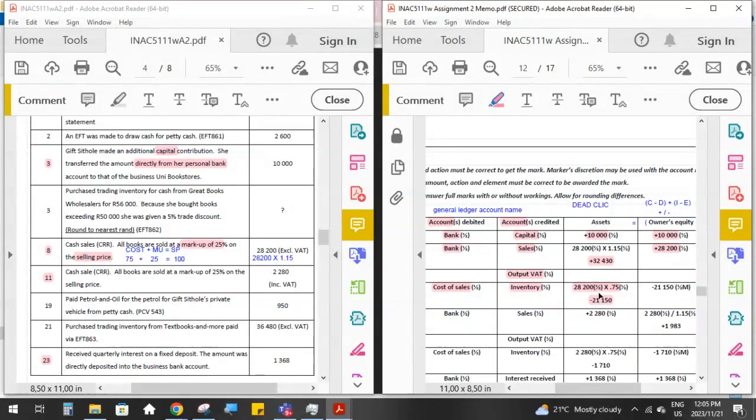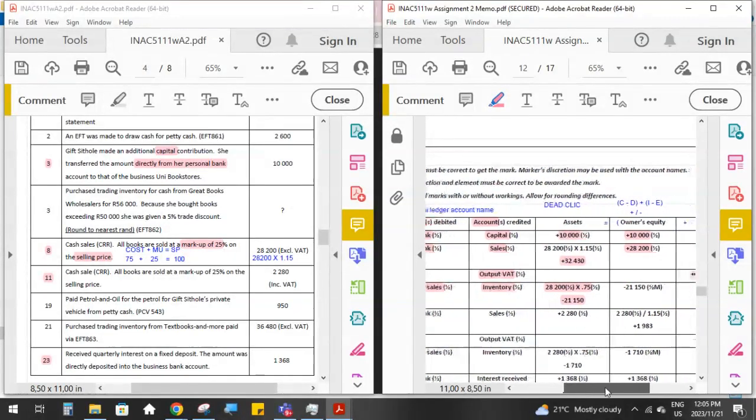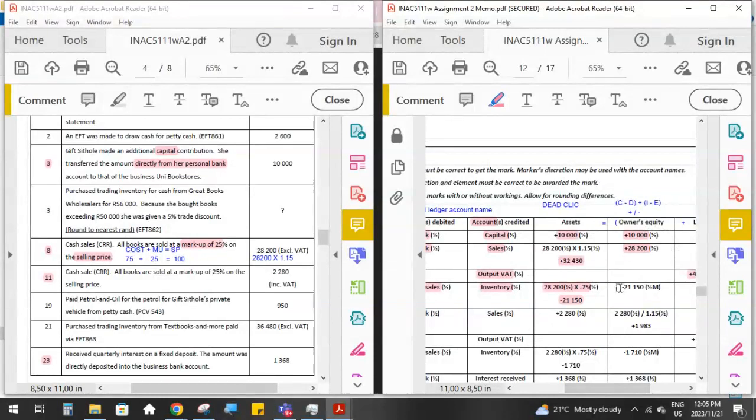So my asset inventory is decreasing, and my owner's equity is also decreasing, because when I incur an expense here, income minus expenses, expenses has got a minus in front of it. So when I incur an expense, it decreases my owner's equity.